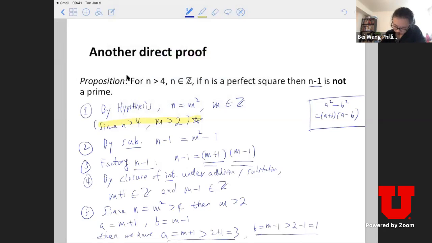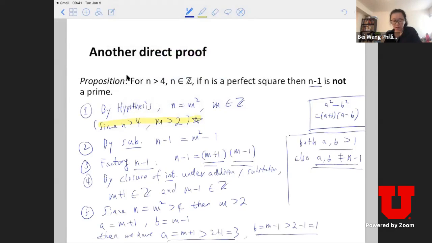That means, as the last step, both a and b are bigger than 1, and also we want to show that both a and b are not equal to n minus 1. How do we show that? This is fairly obvious, because a is equal to m plus 1.